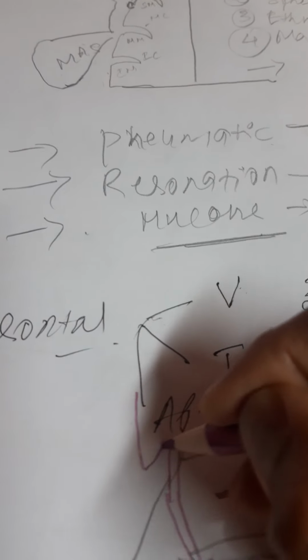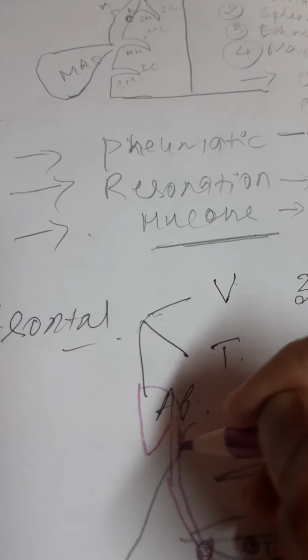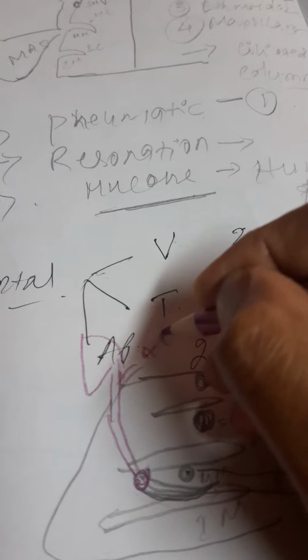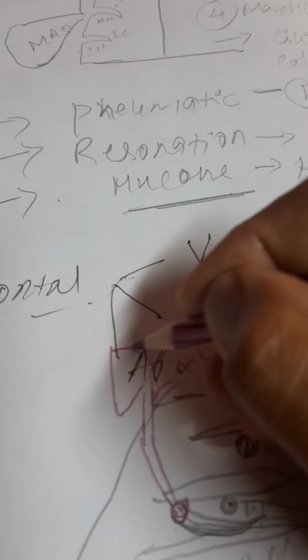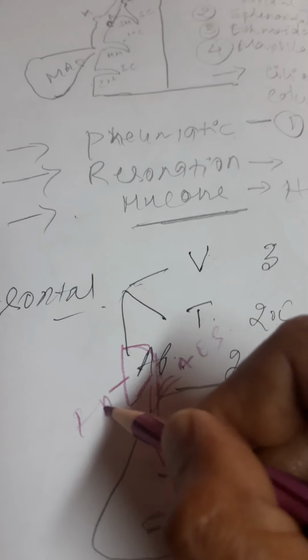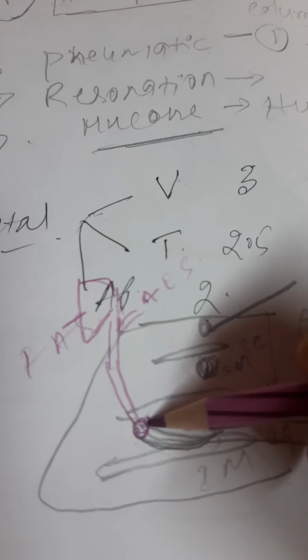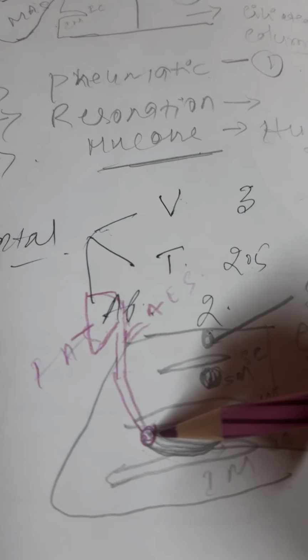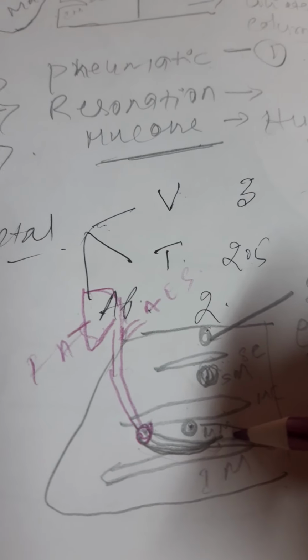Here this is the opening of the frontal air sinus. This also gets the opening of the anterior ethmoidal sinus. So this is your triangular frontal air sinus. This is the opening of the frontal air sinus, which you will see in the anterior portion of the hiatus semilunaris in the middle meatus of the nose.